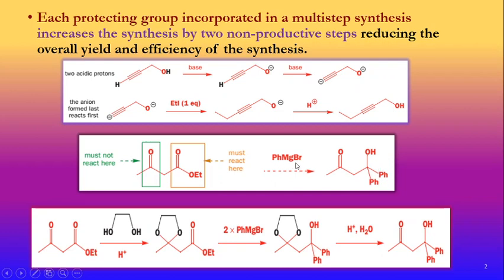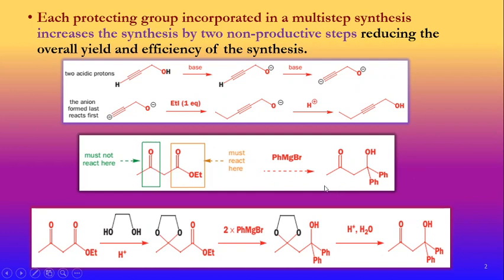That means the phenyl magnesium bromide reacted twice with this ester group, but it is somewhat impossible because the ester is less reactive than the ketone. Therefore, this reaction cannot be possible because the Grignard reagent will preferentially react with this ketone and we get the product with this ketonic group.